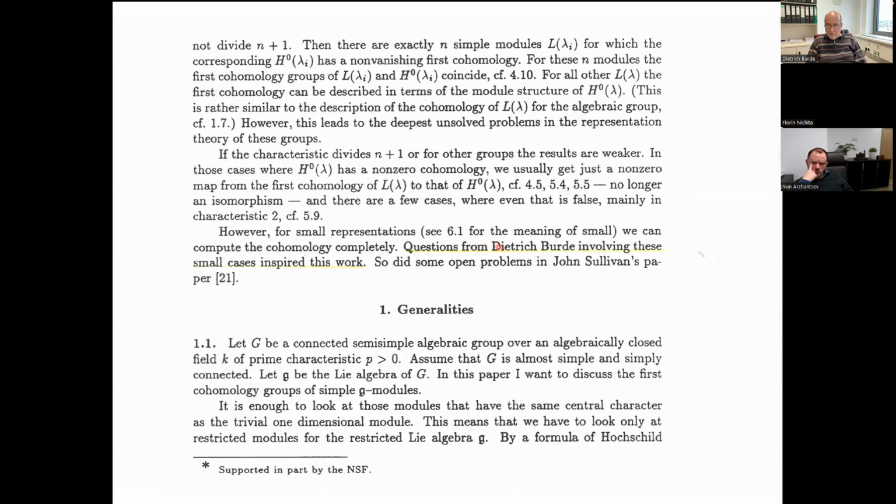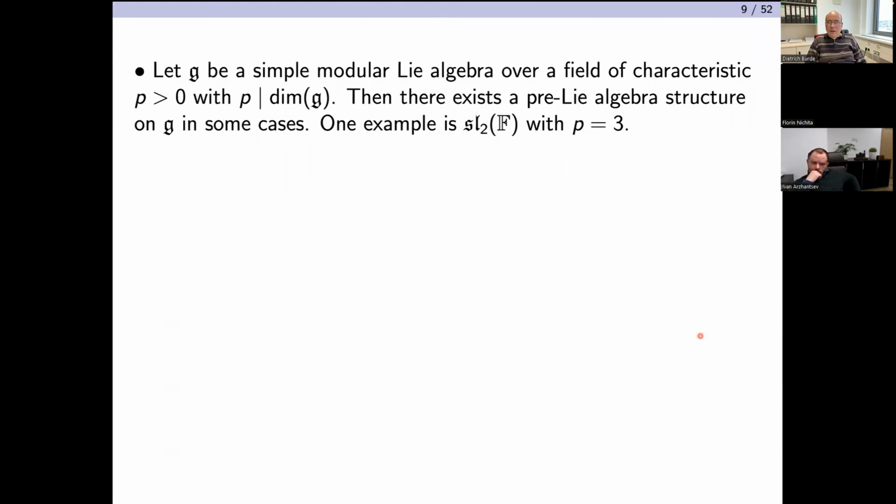Actually, we asked him, and he helped us quite a lot by introducing us to these kinds of problems. So let me state what then can happen.